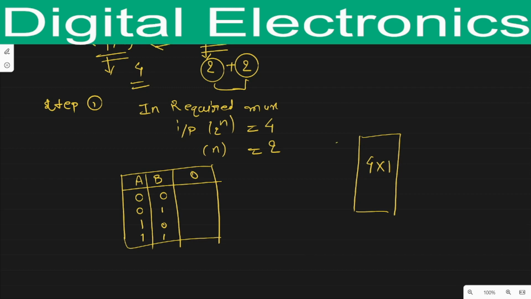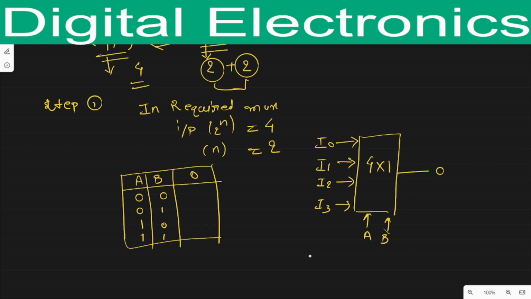In 4x1 mux there are 4 inputs. I am representing these inputs as I0, I1, I2 and I3. To select one input from these four inputs, we need two selection lines, which I am representing as AB. Accordingly we will get output.